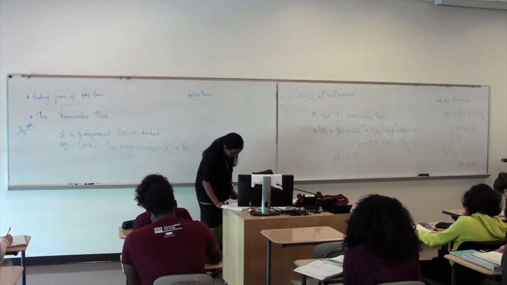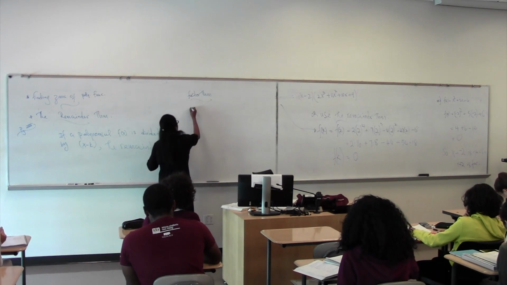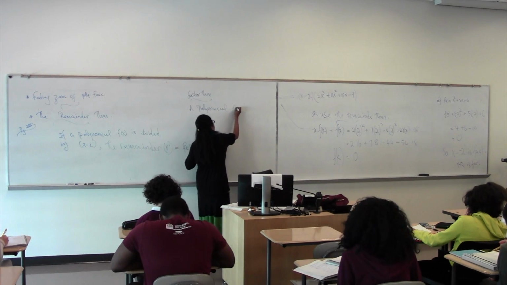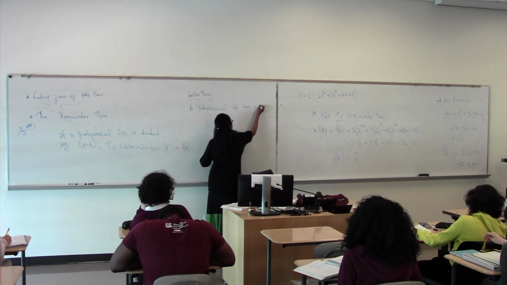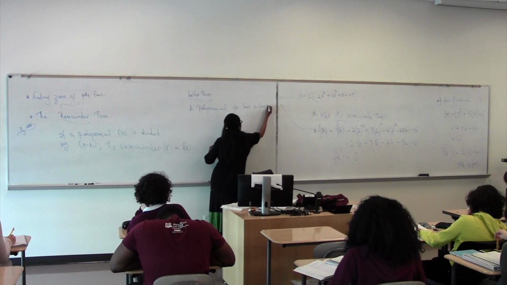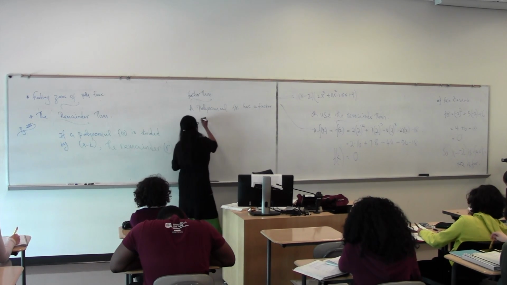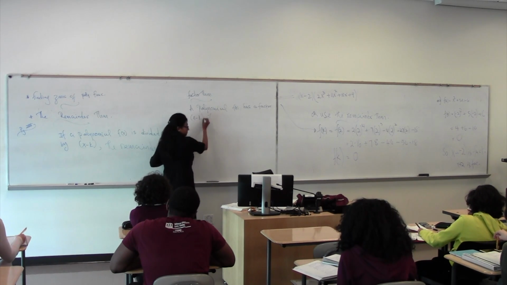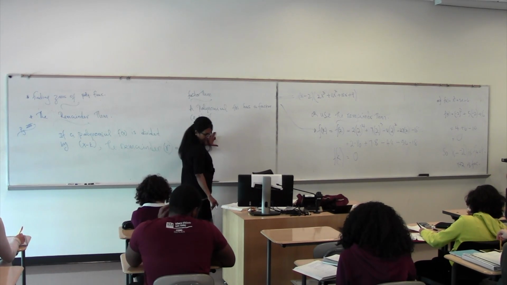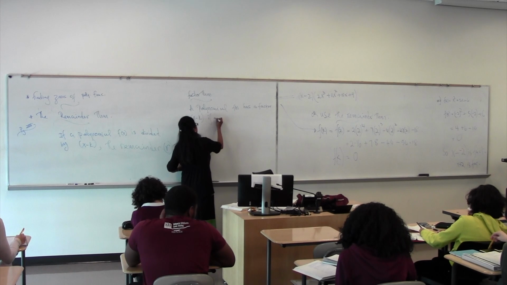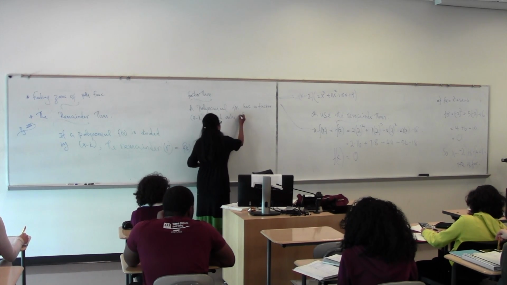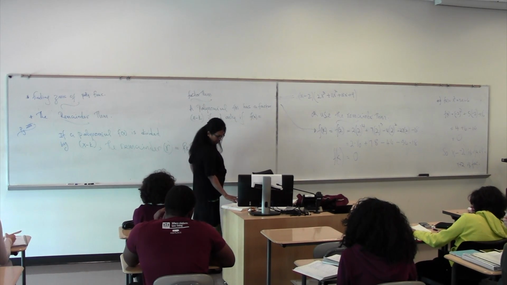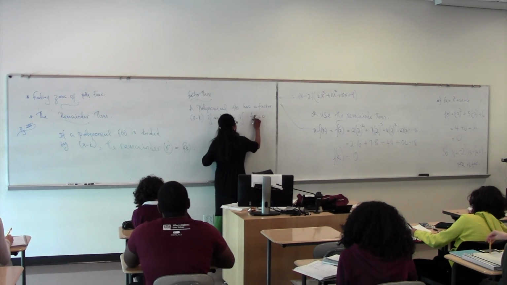A polynomial f of x has a factor x minus k if and only if f of k is equal to 0, because the remainder has to be 0.